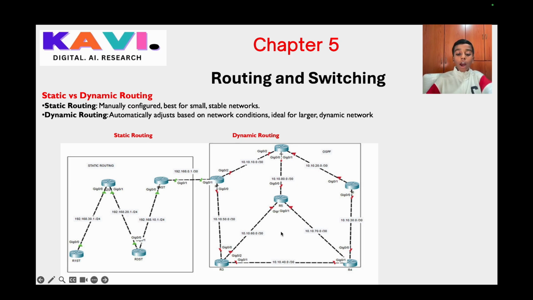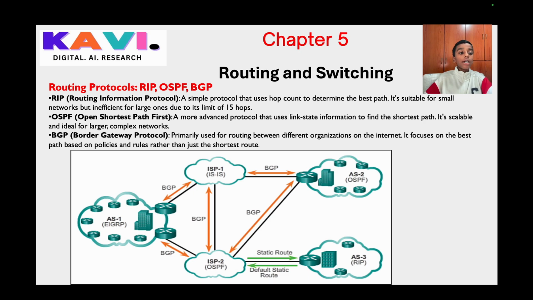But what if there's a cut between these 2 networks, or a condition where they can't send any message to that network? It will send the message to this network, and this network will send the message all the way to here. Now let's move on to our third slide.